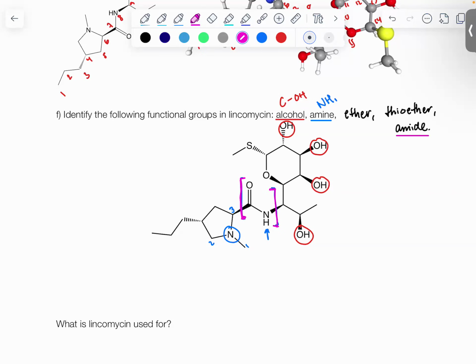That's an amide, which is where you have an acyl or a carbonyl next to some kind of amine. So our final 2 functional groups: ether, that's when you have an oxygen in the middle of a carbon chain. And finally, thioether, which is where you have a sulfur in the middle of a carbon chain.